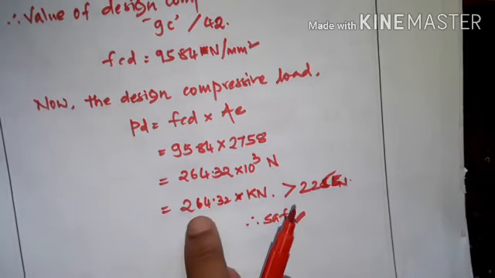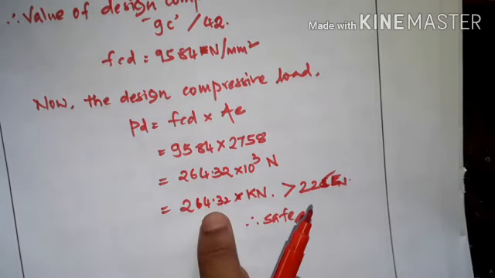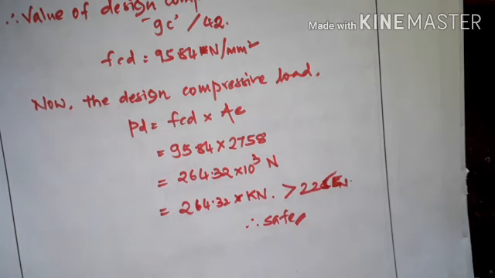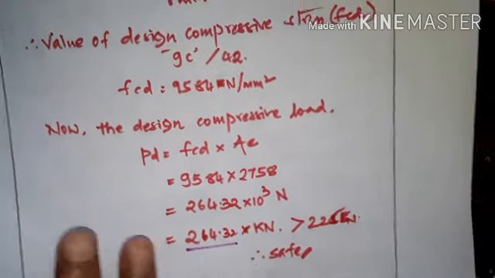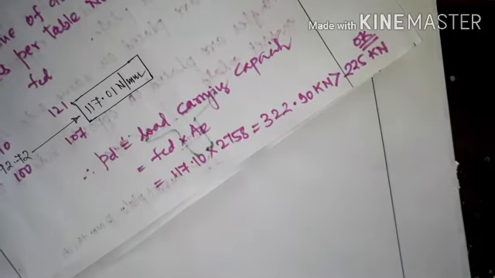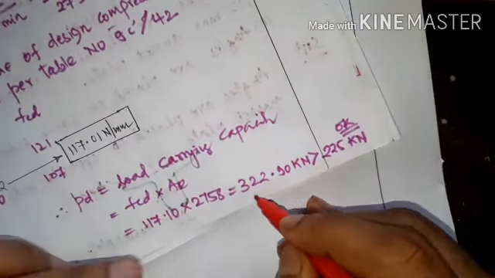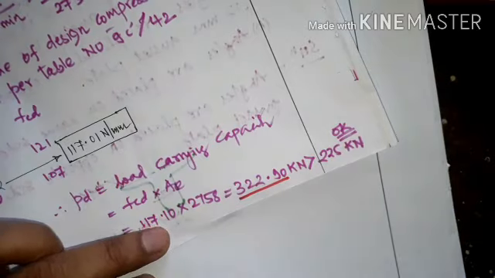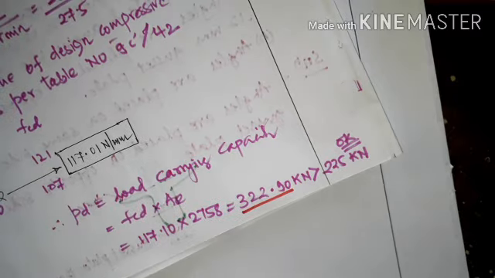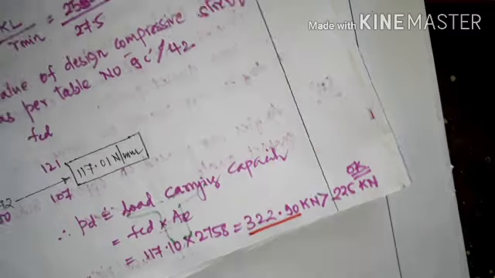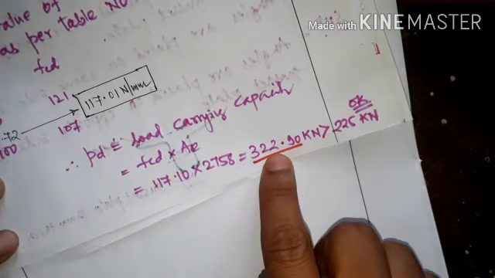Now here it is a little bit on the higher side, that is 264.32. By looking at these two values, 264 and the other one we have got, that is 322.9 kilonewton, I can conclude that it is safe to provide double angles on opposite sides of the gusset plate, because the load carrying capacity is very high here.